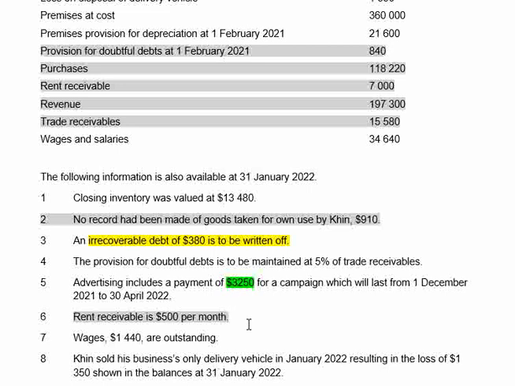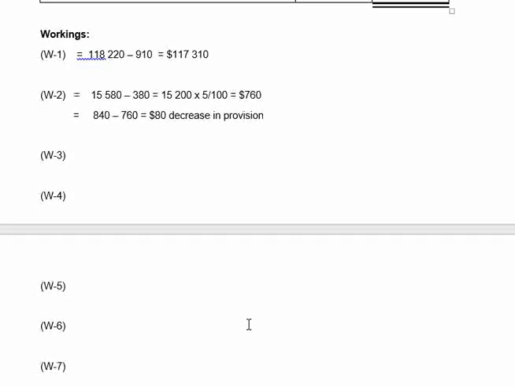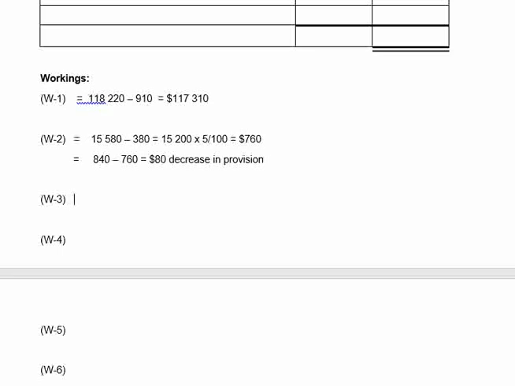But what you will do in the working, you can make it simple. You can write 500 per month is your rent, and if you multiply it by 12 months, you will get 6,000 rent income.